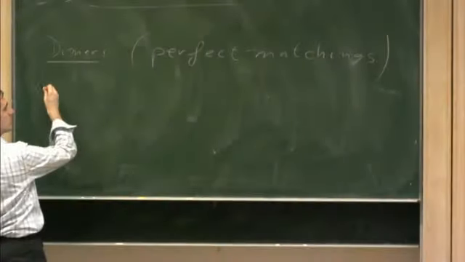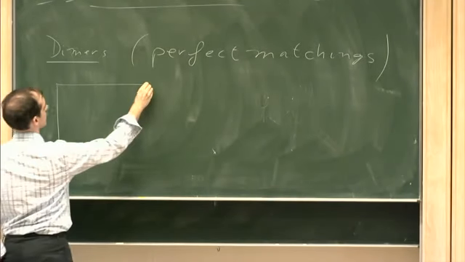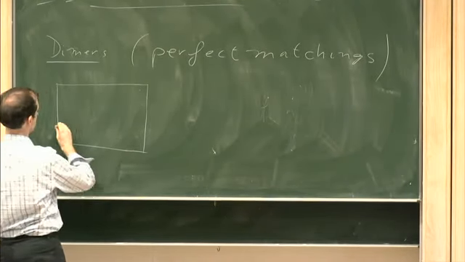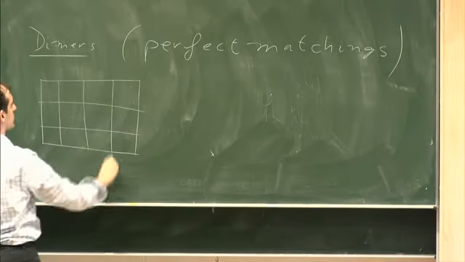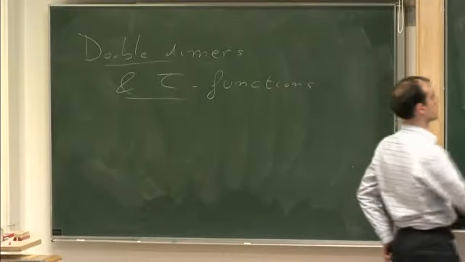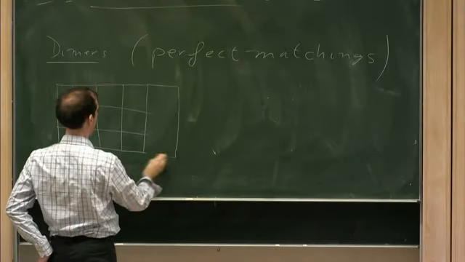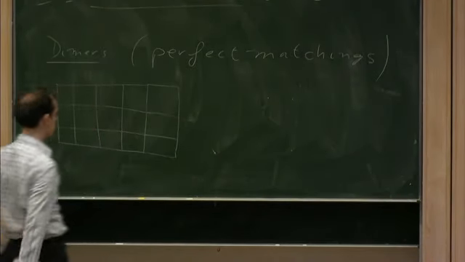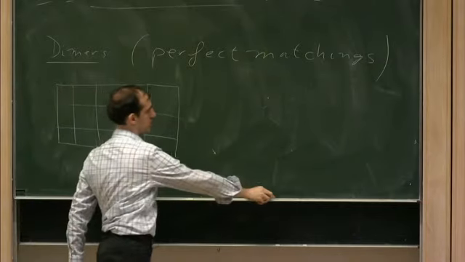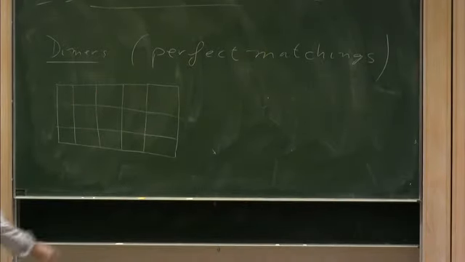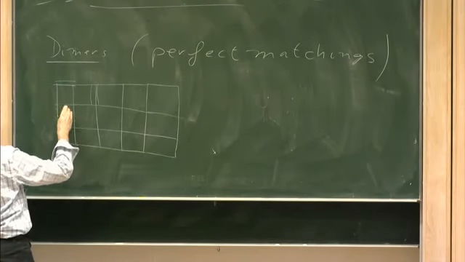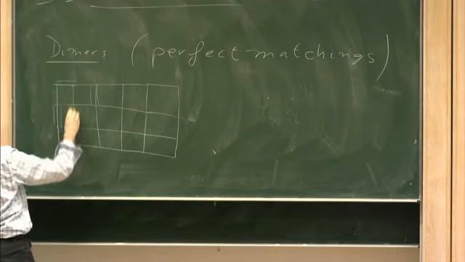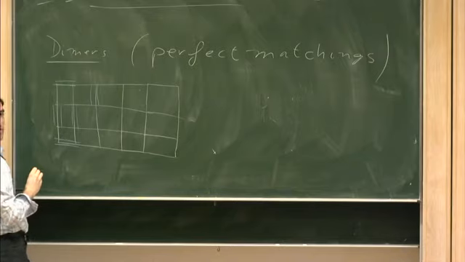So there's some underlying graph which has to be planar, and there could be a few variations, but I'm going to take a square lattice or a finite portion of the square lattice, and a dimer configuration is a selection of edges in such a way that each vertex is going to be adjacent to exactly one edge in this selection.